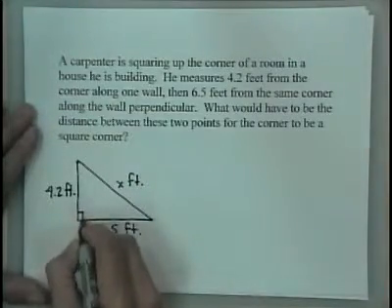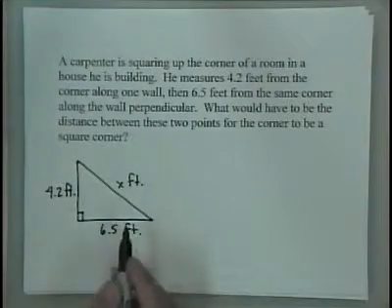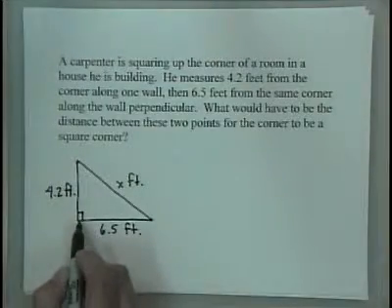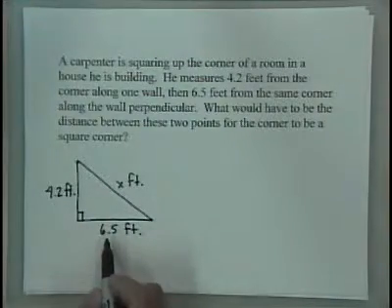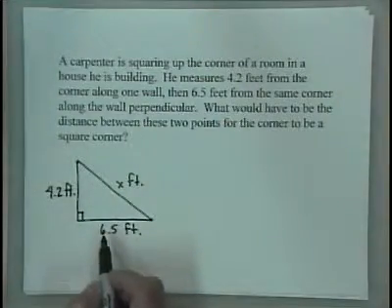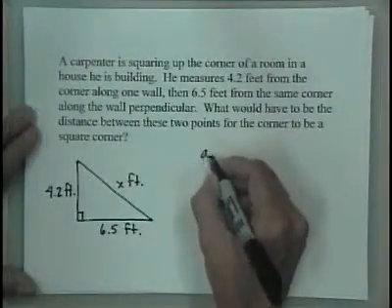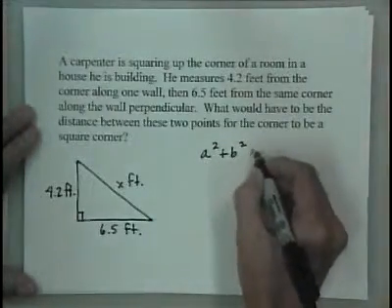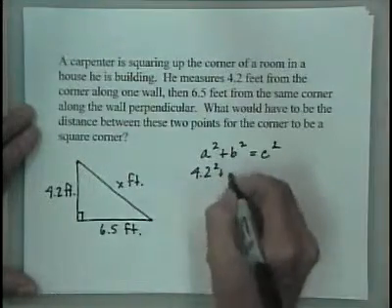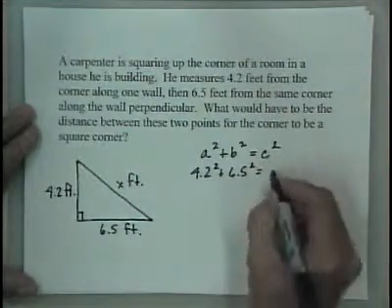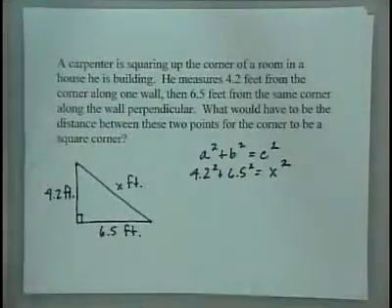And we assume, or we want x so that this is a square corner. So we want to make sure that x, 4.2, and 6.5 form 3 sides of a right triangle. According to our Pythagorean theorem, then, we want 4.2 squared plus 6.5 squared to be x squared.